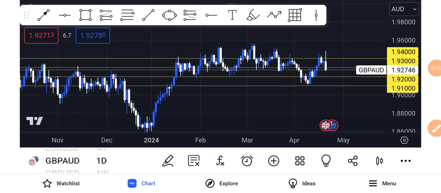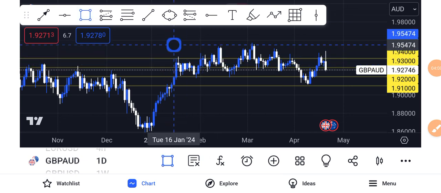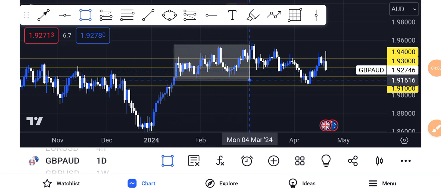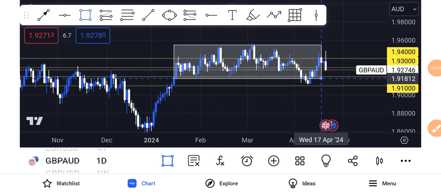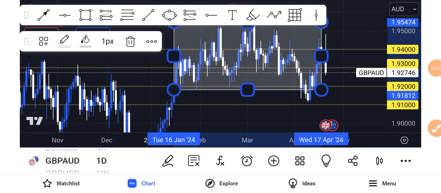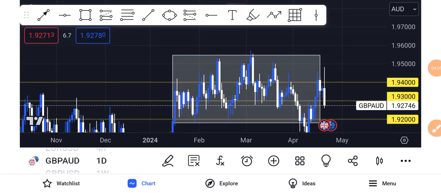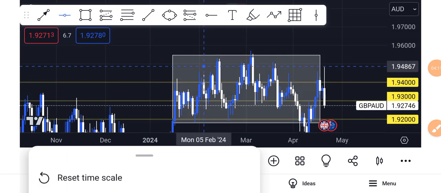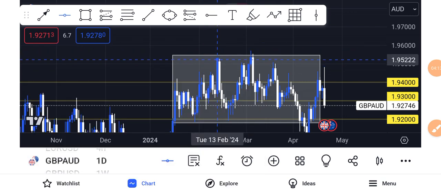All right guys, looking at GBP AUD, you realize that it has been consolidating for a very long period of time. Let's also analyze how many pips this consolidation zone has taken. Let's make sure we have our levels drawn out.